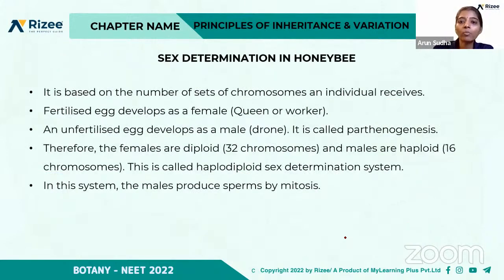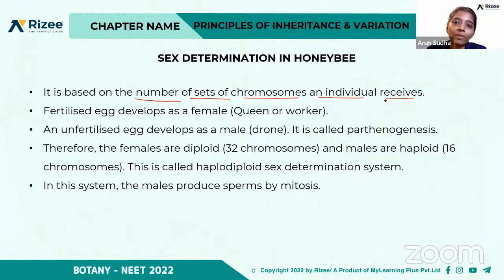Okay, but in the case of honeybee, it is based on the number of sets of chromosomes an individual receives. For example, if you take a female, here it will be diploid. And in the case of male, it is haploid. So it is the number of sets of chromosomes. In the other case, the type of the chromosome, whether it is an X or a Y chromosome, determines the sex.